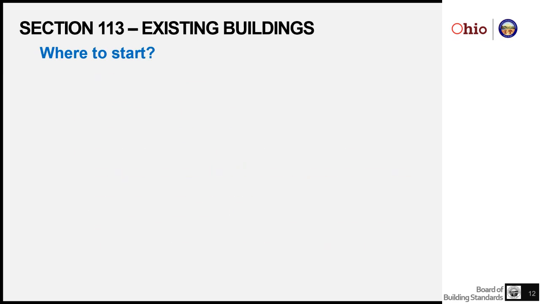So where do we start? I think one of the first things I want to talk about a little bit is the authority having jurisdiction. This is going to be focused more towards certified building officials, and it's good information for everybody to have.